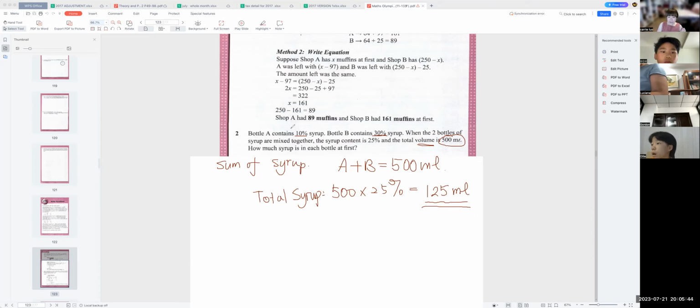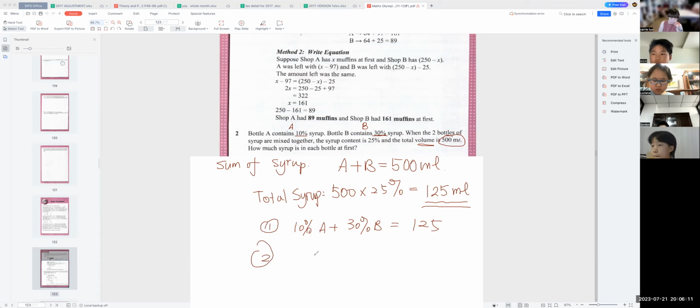So I can just say the volume of bottle A is A, and the volume of bottle B is B. So the syrup of bottle A is 10% A plus 30% B, which should equal 125. Correct, everybody? Okay, so we have one equation.